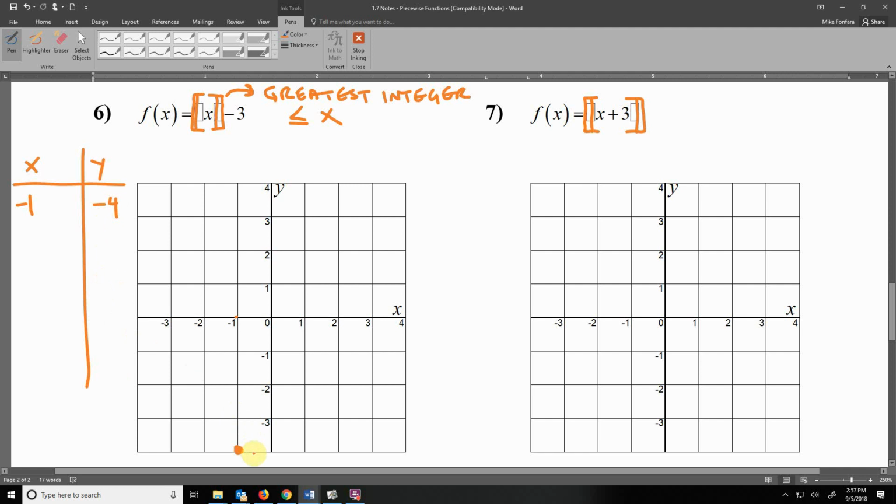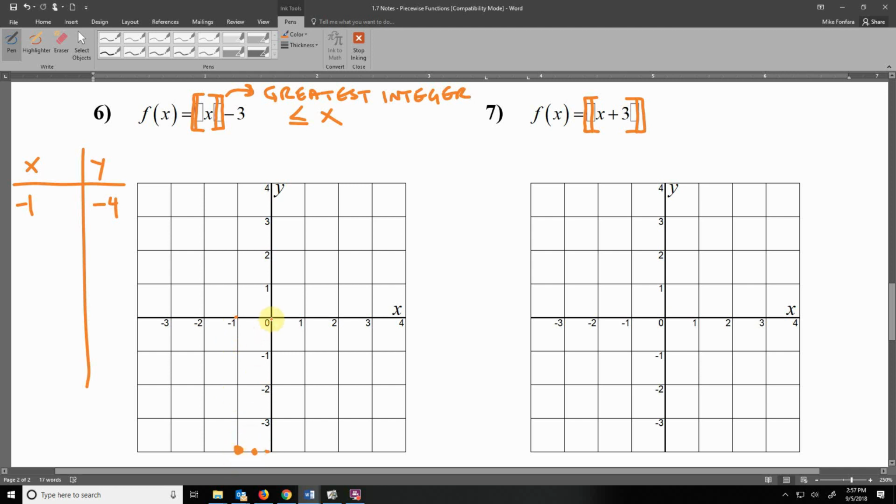So even at -1/2, I'm at -4. If I put in -1/10, the greatest integer less than or equal to that is -1. Minus 3 is -4. So any fraction between 0 and -1 is going to slide back to -1, because that's the greatest integer less than or equal to it. And when I subtract 3, I'm going to get -4.